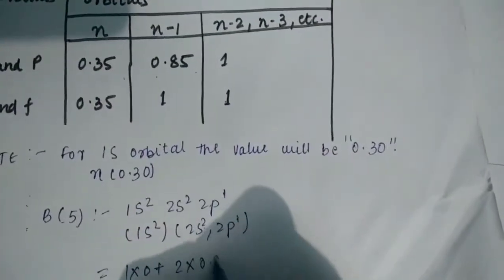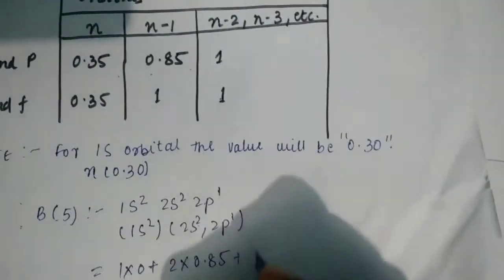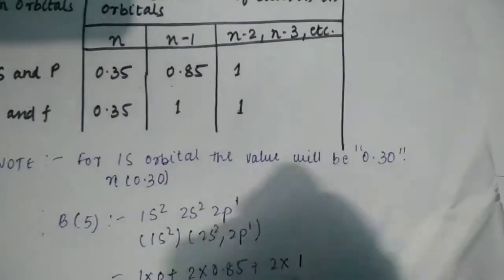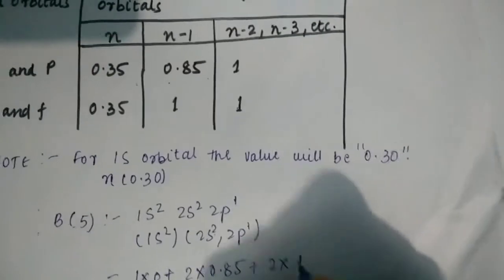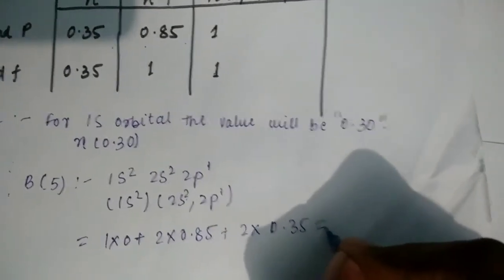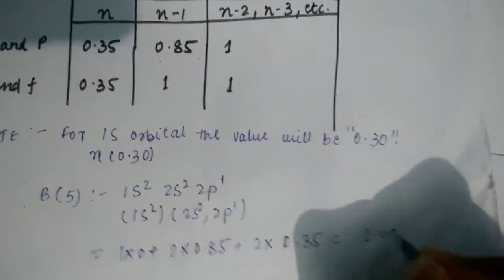into 0.85 for n minus 1, and again we multiply by 2, and for the nth shell it is 1 into 0.35. It becomes 2.40.